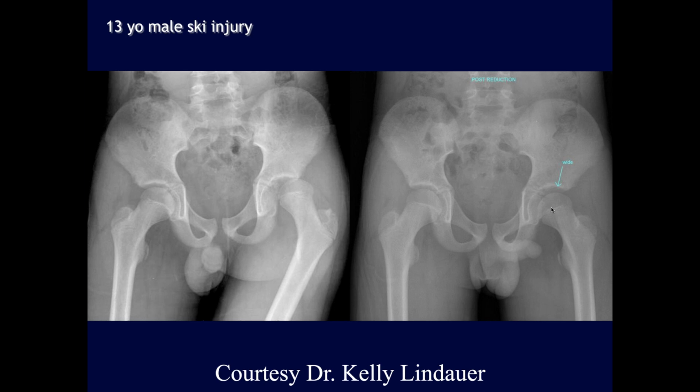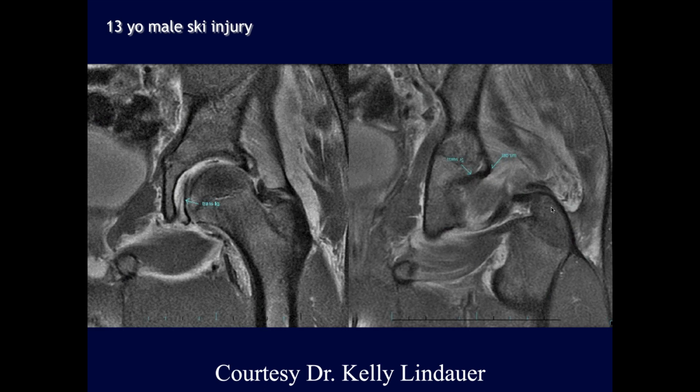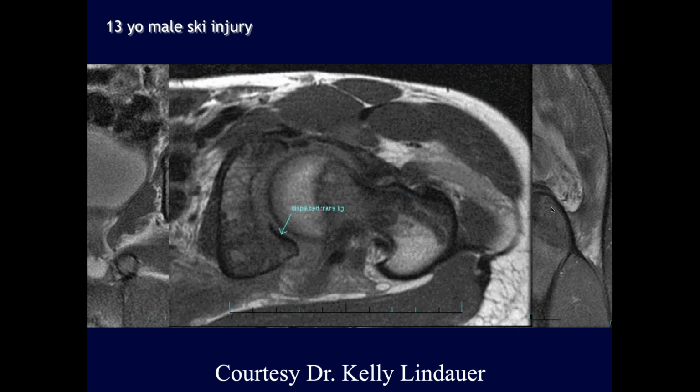So what things might you want to look for? There's got to be something there causing a mass effect. This is already all labeled, but there's this hypointense linear structure in there taking up space within the joint space, and it says it's detached labrum and transverse ligament, probably detached and flipped up. Right, that's what it was in this case.